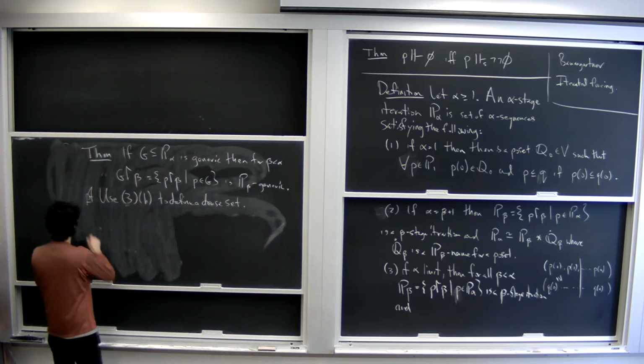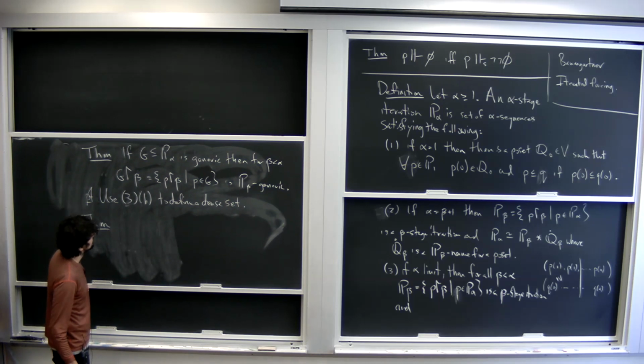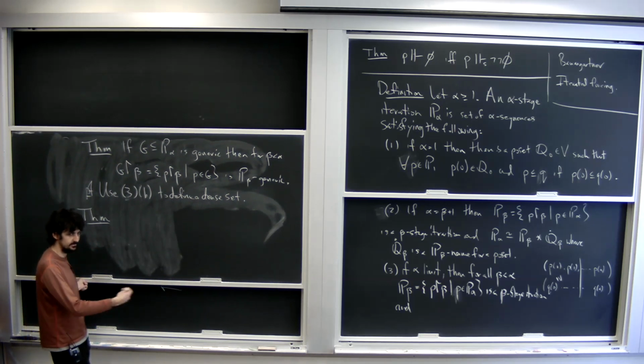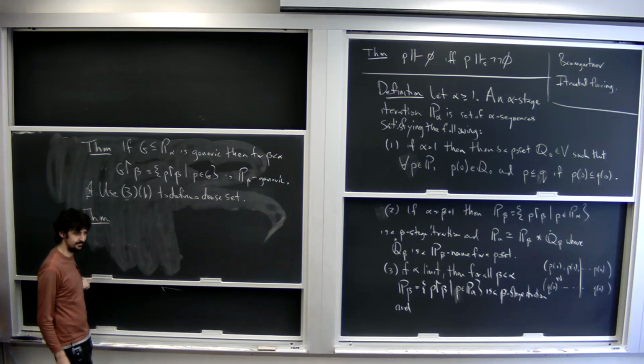Okay. So in this, this should be what we hoped, right? When we're defining an iteration, we're supposed to be forcing more and more, right? So a generic for a longer piece of our iteration should generate a generic for a shorter bit of our iteration.